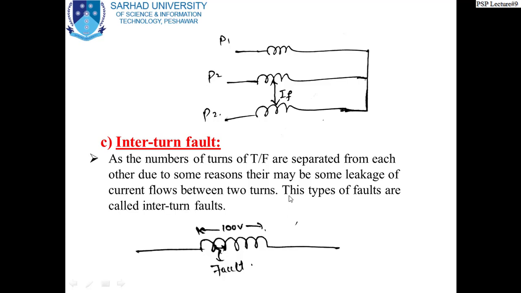There is also a phase difference, and a voltage difference between the two turns. So there is always a small voltage between the two turns. So if due to any reason the insulation between the two turns is punctured, weakened or lost, there may be a small leakage current between the two turns.